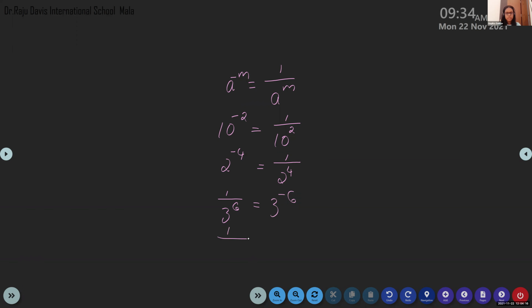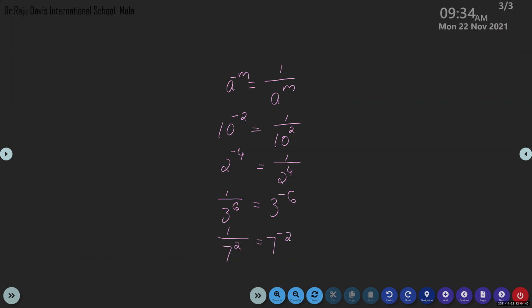1 by 7 raised to 2 is 7 raised to negative 2. Both ways you need to understand how to change a negative exponent to positive, and when the exponent is in the denominator, how we can take that into the numerator.